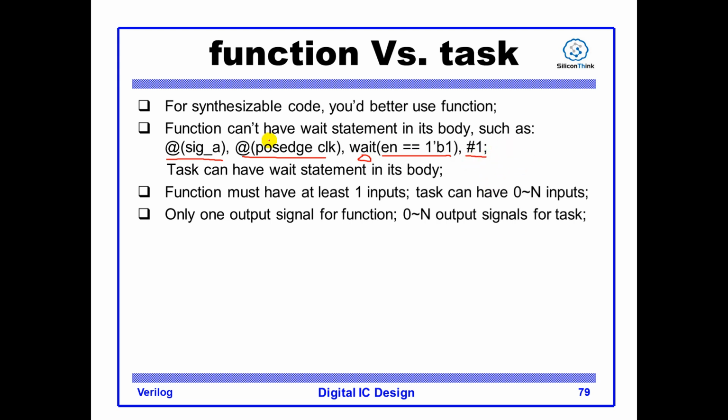These are all not allowed inside the function body, but these are allowed in the task body. And for function, you must have at least one input, but task can have any number of inputs. For function, you can have just one output, but for task you can have any number of outputs.